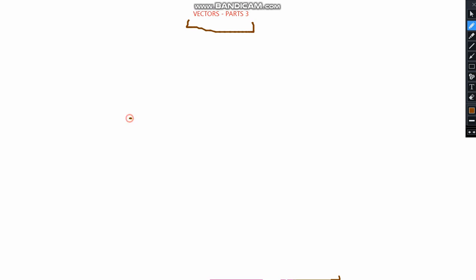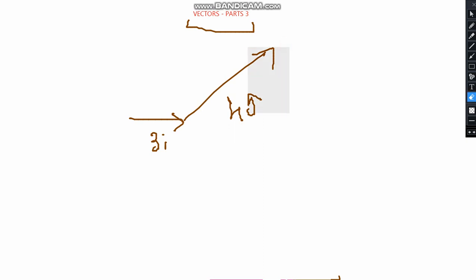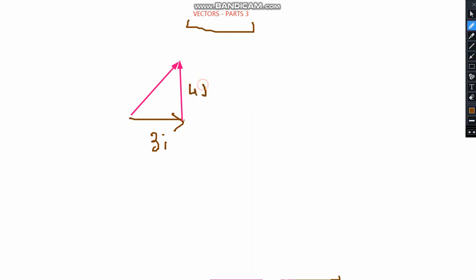As I already told you, if there is 3 i cap and 4 j cap, they may ask for the resultant vector. That's 3 i cap plus 4 j cap, which we learned in the last part.